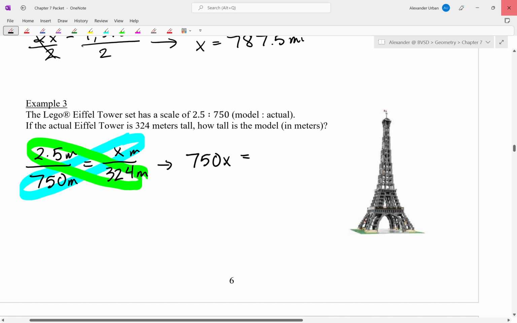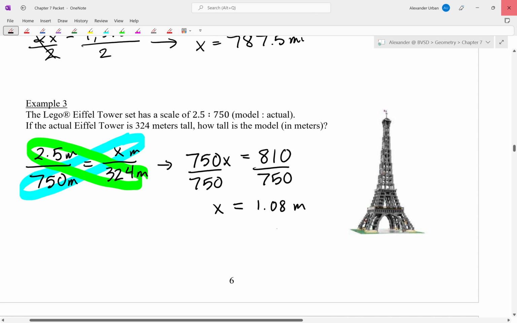And 2.5 times 324 is going to equal 810. So I'm going to divide both sides by 750, and that's okay if it gets us a decimal. It's not the end of the world. So I want to know, how tall is this model? Let's see. X is going to be equal to 1.08 meters.